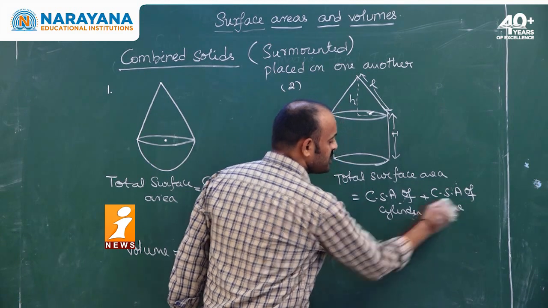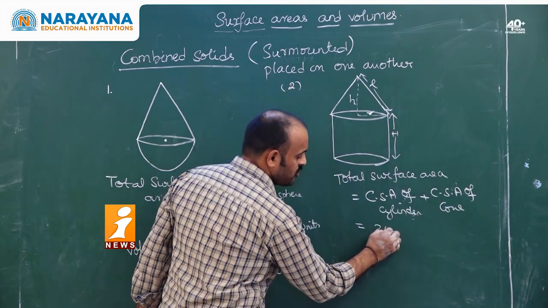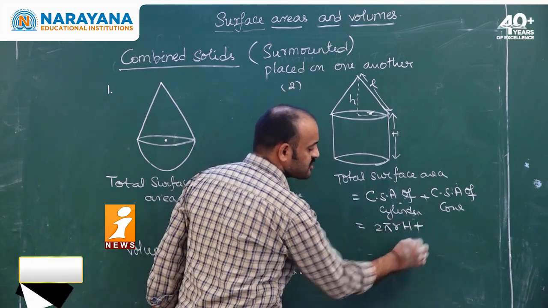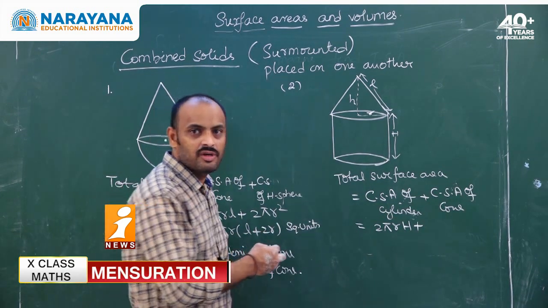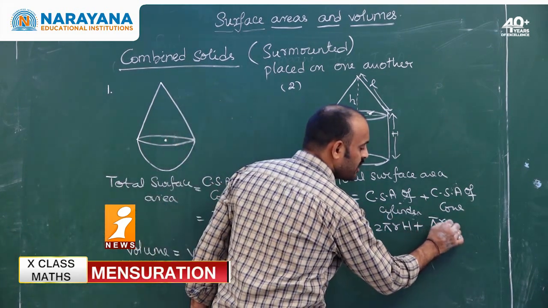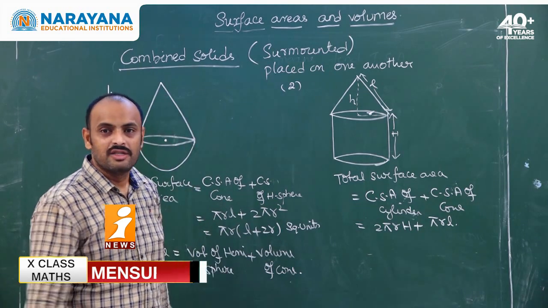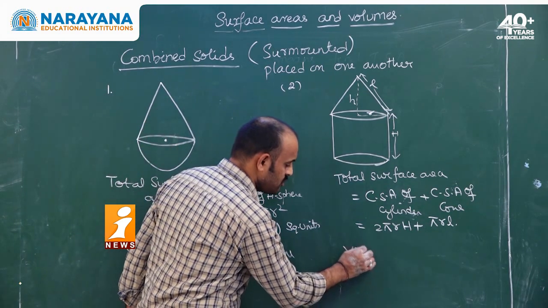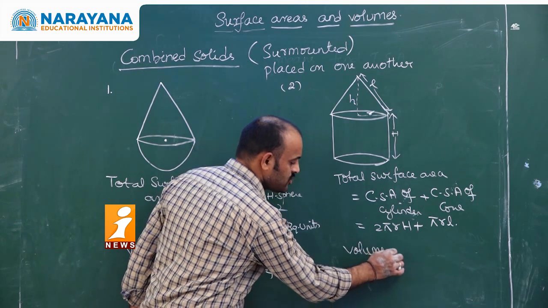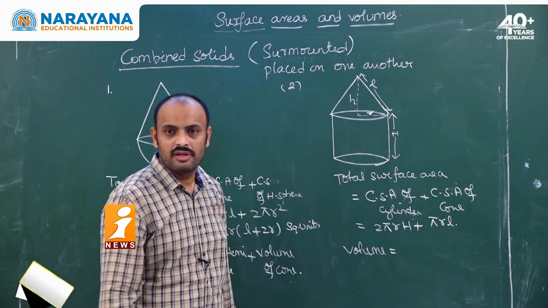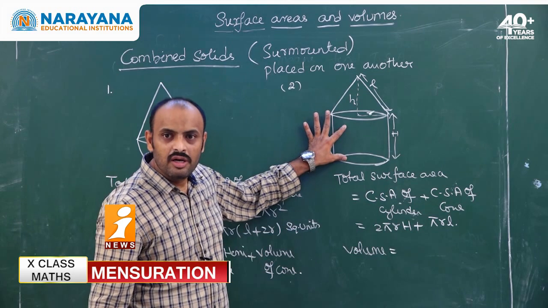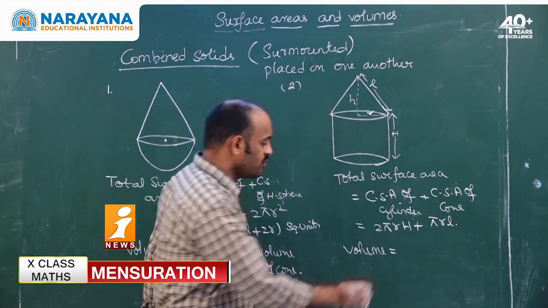What is CSA of cylinder? 2 pi r capital H. What is the CSA of cone? Pi r L. So how to find the volume? Volume of each figure: volume of cylinder plus volume of cone.